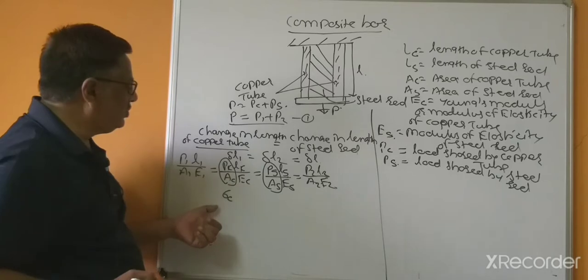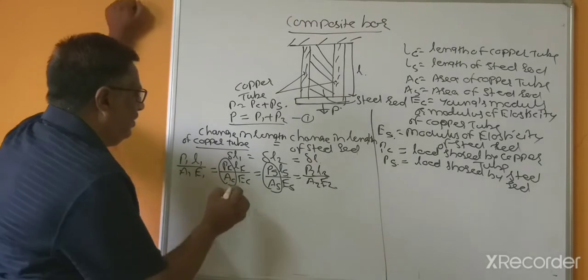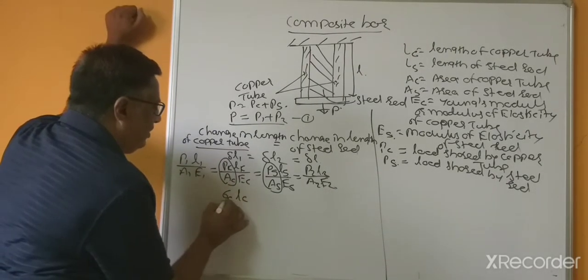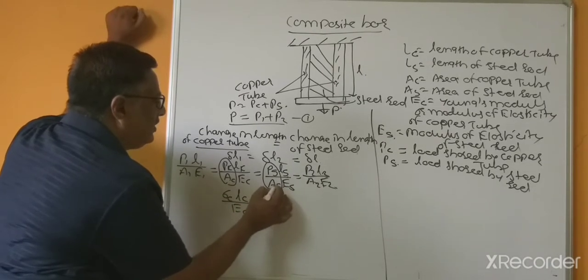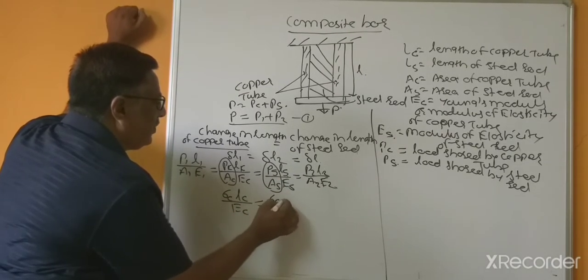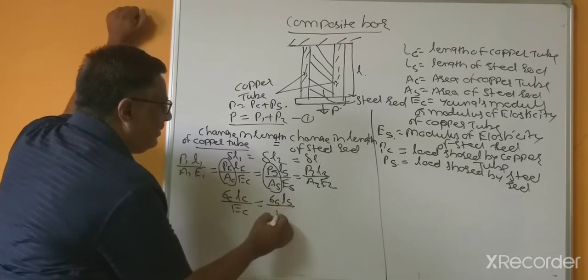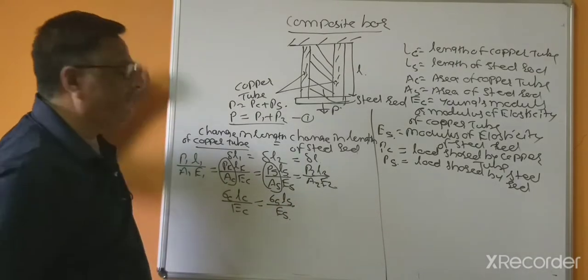Now as you know, PC divided by AC, or PS divided by AS, is nothing but sigma, the stress induced in the copper, and this gives sigma C LC divided by EC equals sigma S LS divided by ES.